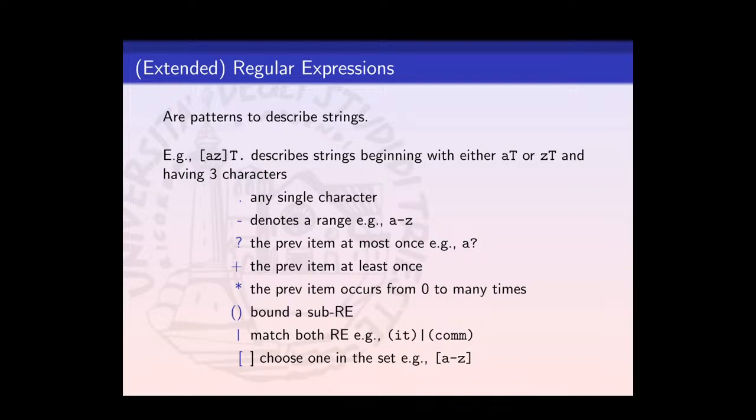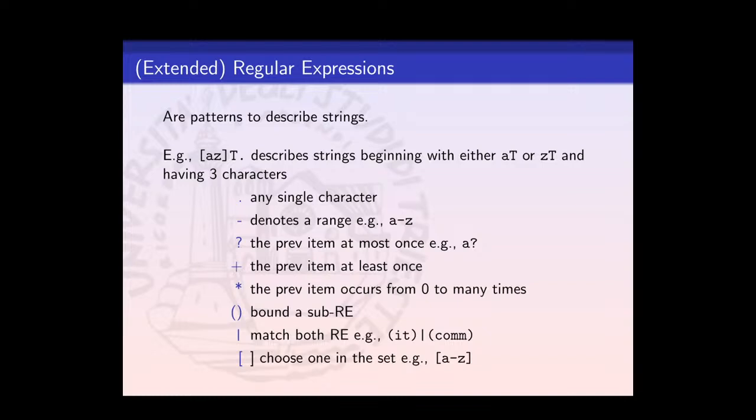And for instance, the syntax you saw in the example, square bracket AZ, capital T, dot, describes all the strings which are either AT or ZT and having three different characters.